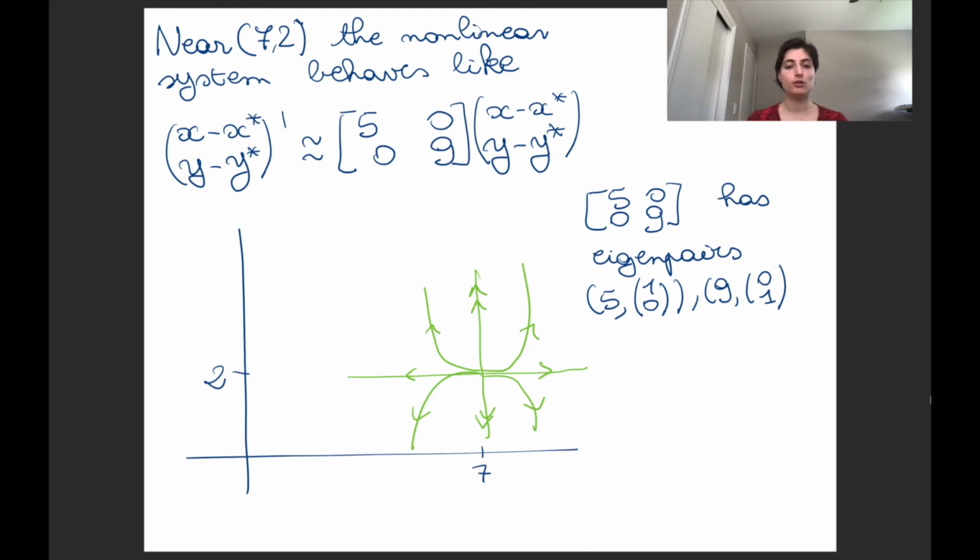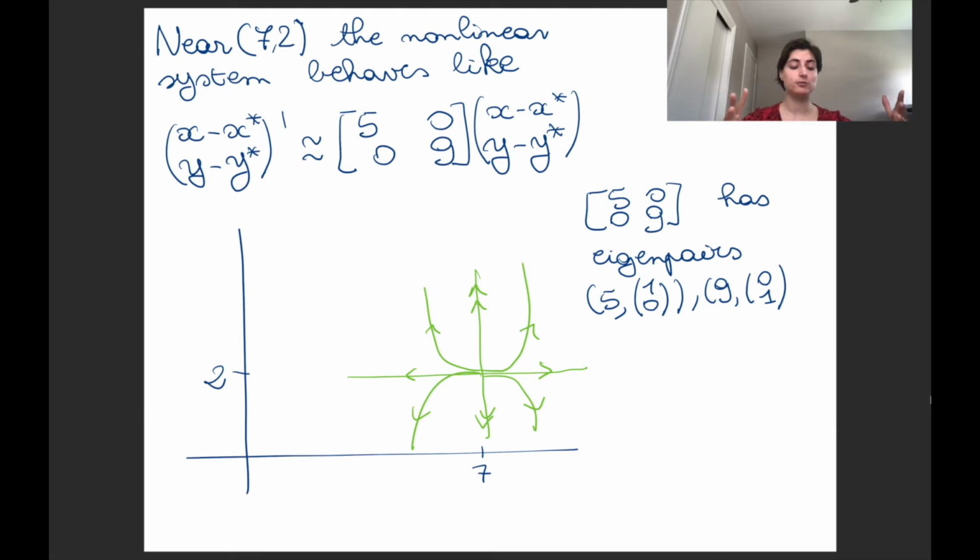Now, we can find the eigenpairs of the Jacobian at the critical point, and we find that the two eigenpairs are 5 associated with the eigenvector 1, 0, and 9 associated with the eigenvector 0, 1. So, again, all of this is true near the critical point. We have the information that the behavior of the system is one of an unstable node.